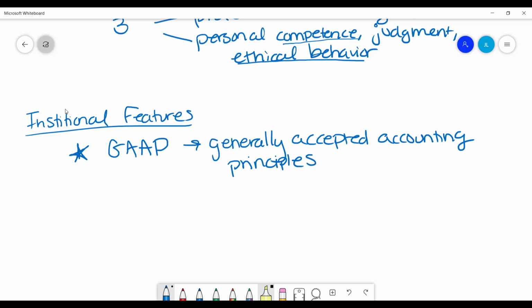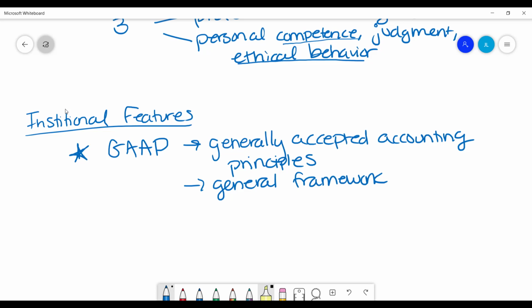Okay, so this is basically the general framework for determining what information needs to actually be included in those financial statements that we talked about, and how that information needs to be put together, how that's going to show up to those external users.